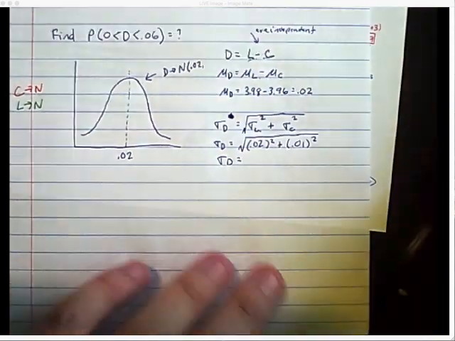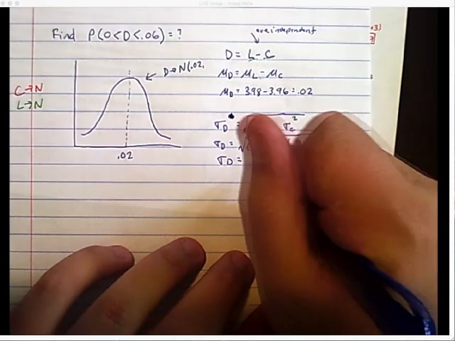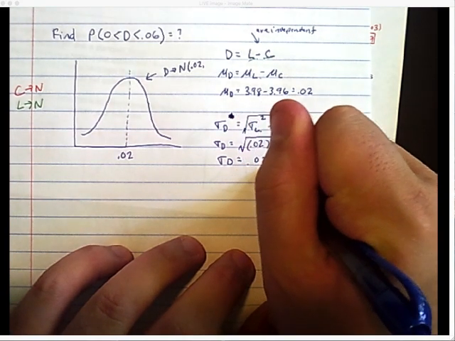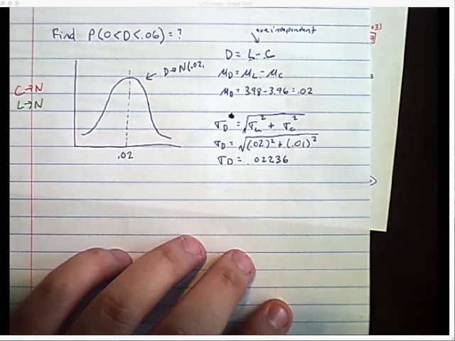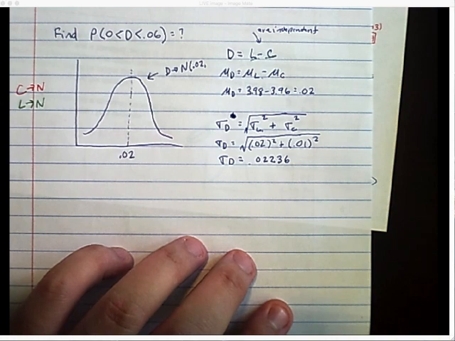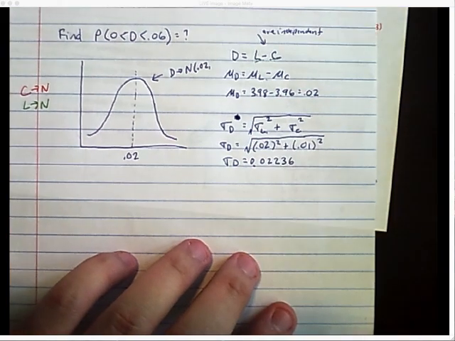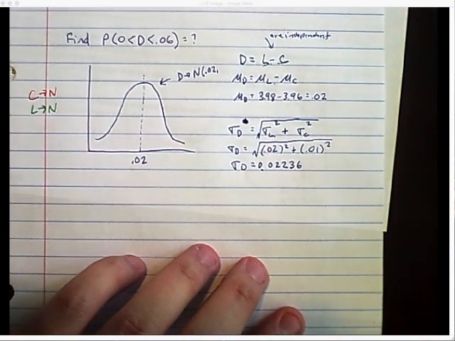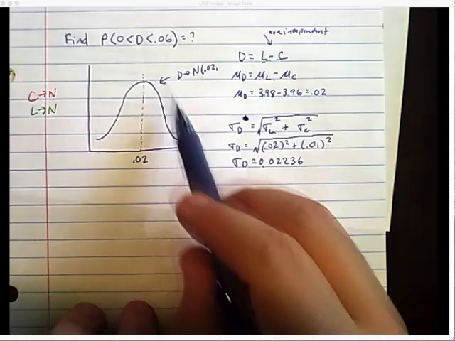All right. So I'm going to do that in my calculator. 0.02 squared plus 0.01 squared, all underneath the square root. And that's 0.02236. I'm just going to use 4 significant figures. All right, so that's the spread of this distribution.